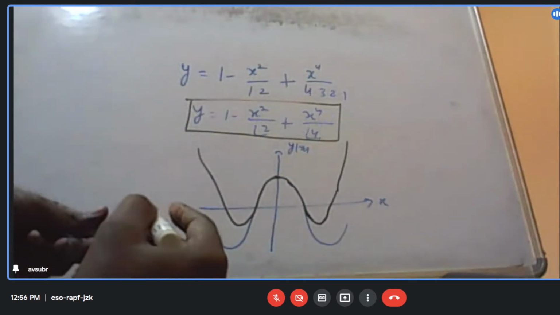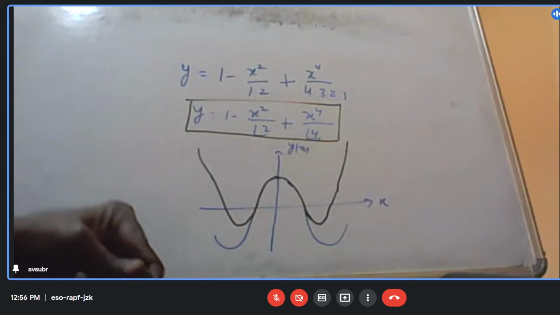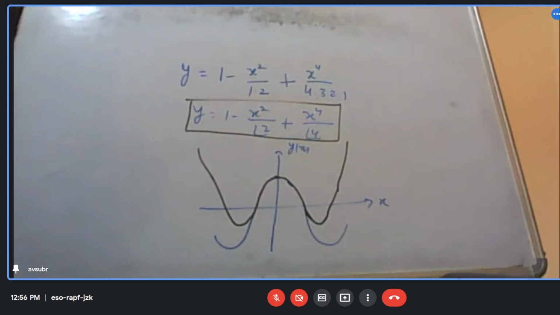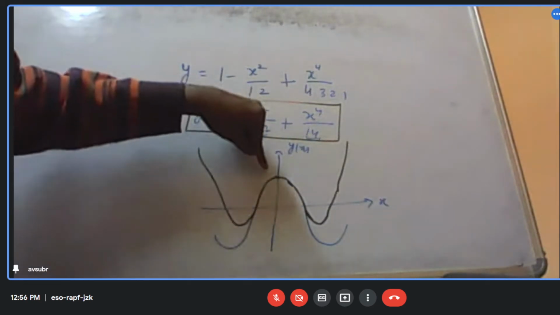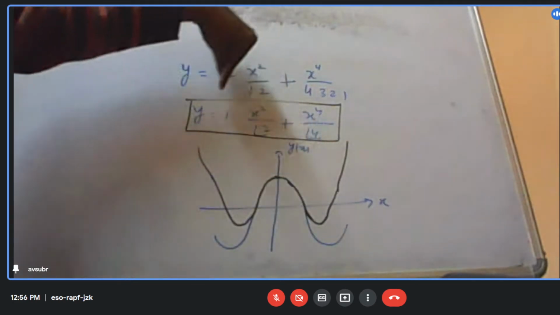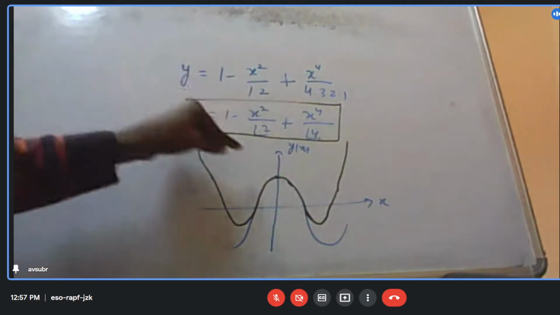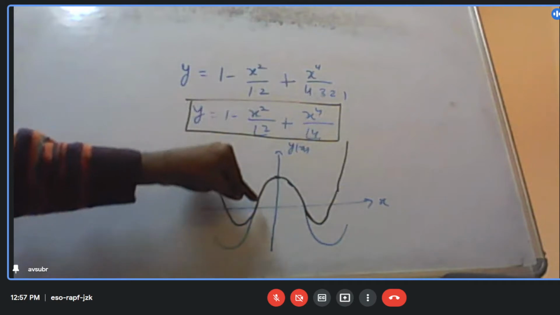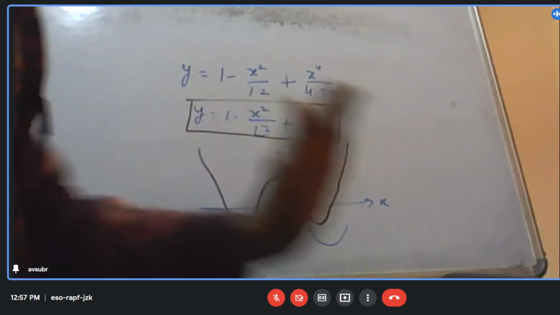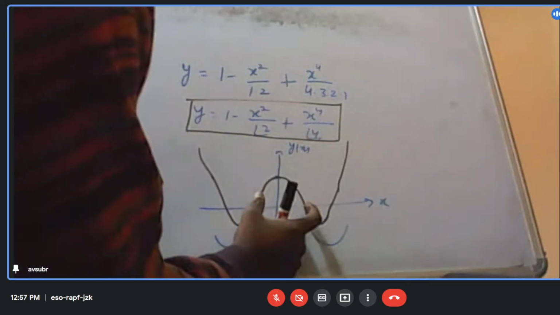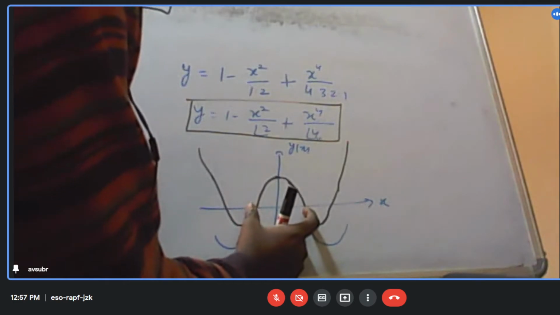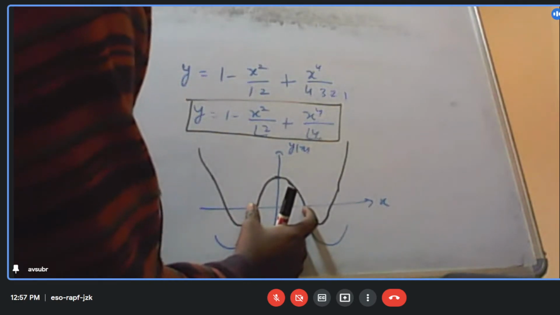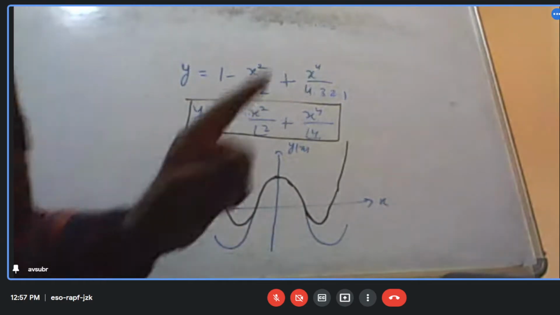What do you find? This curve, this y, is able to trace out the cos x curve to a further distance. Within this range, the value will be accurate.